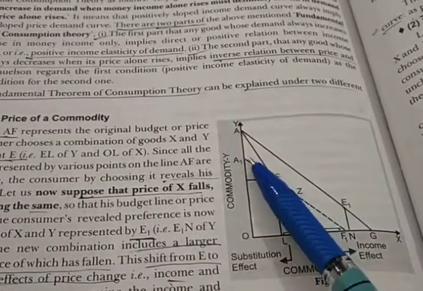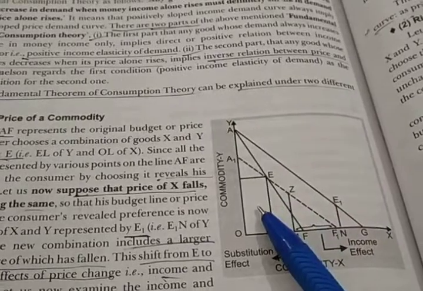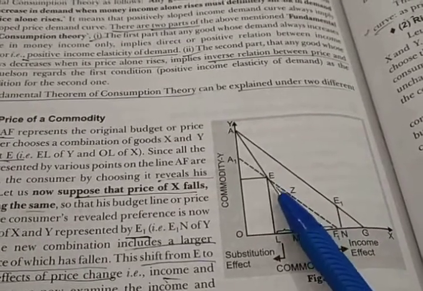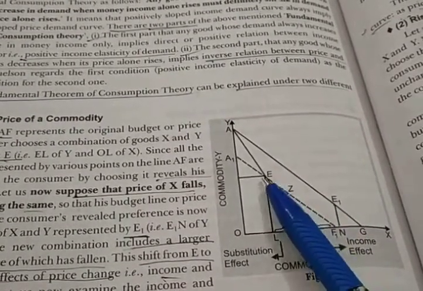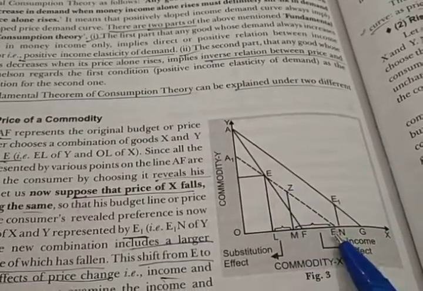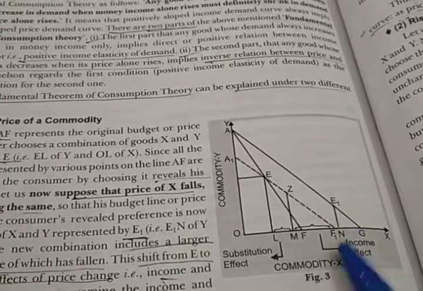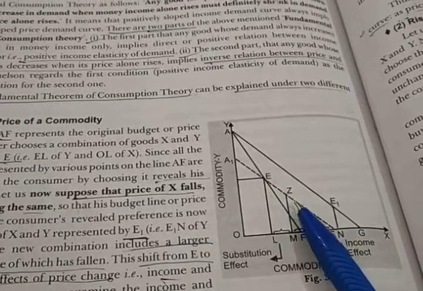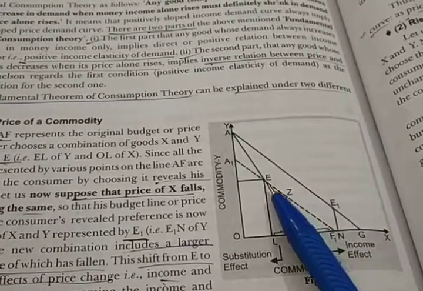So he will not choose any combination in this very portion. So on this very new price line, he will choose any combination on this price line EF1 portion. So he can choose E combination or any other on this very price line.